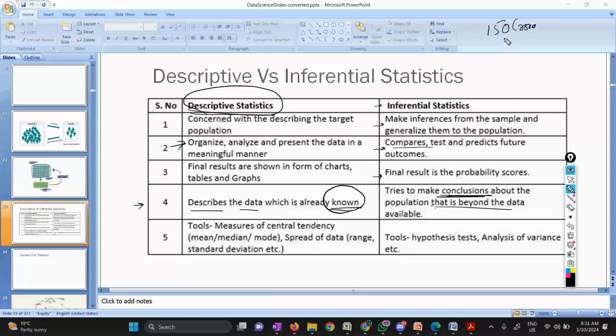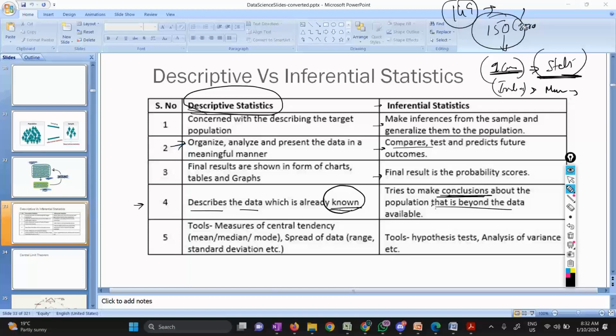Absolutely. Out of 150 crore people, you can maximum collect 1 crore data points. On 1 crore data points, you do all the statistics drama. But finally, whatever you find here, you say, oh, 1 crore means all Indians are now not liking Maldives and they want to go to Lakshadweep. Out of 1 crore survey points, if you say that, are all the rest of the 149 crore people also doing the same? This conclusion has to be done in inferential statistics.